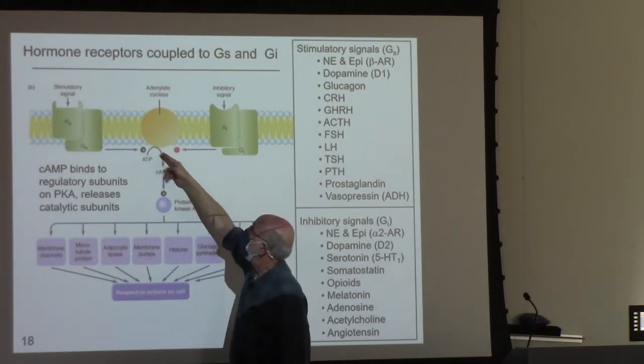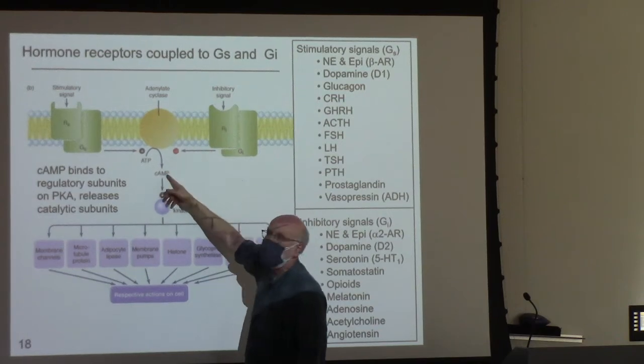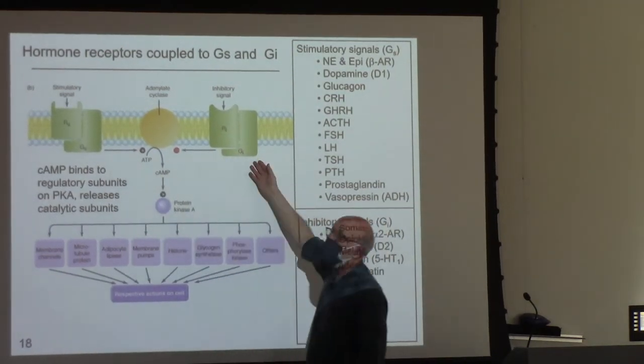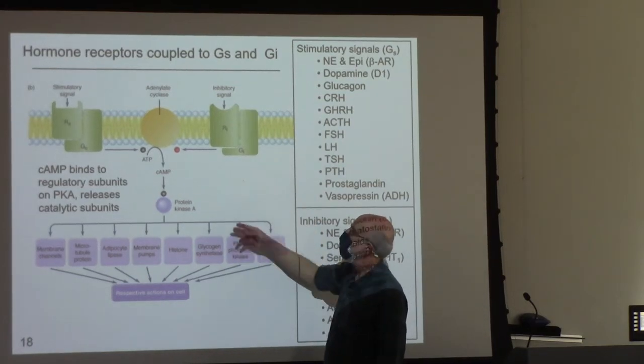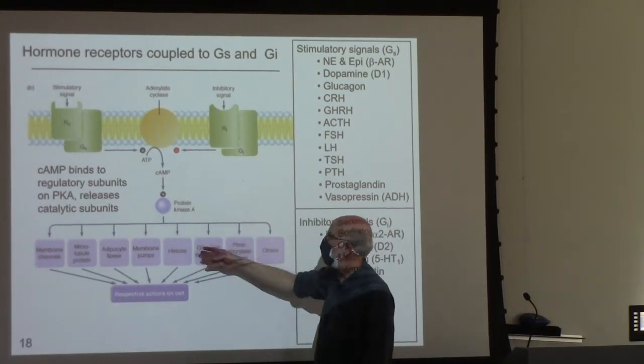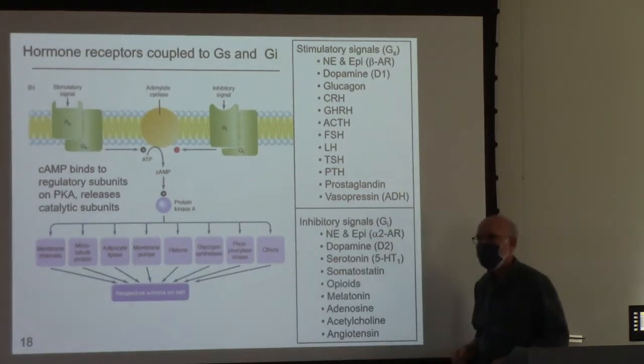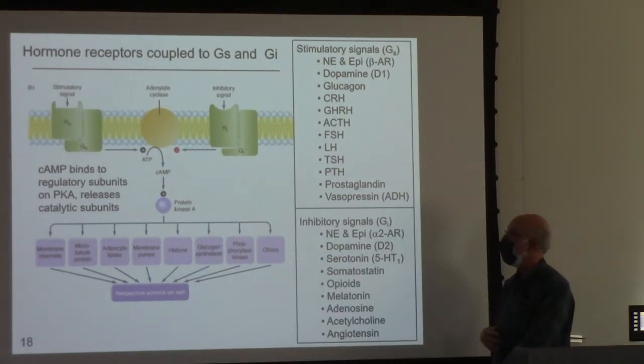So GS stimulates and GI inhibits the production of cyclic AMP. And those effects, either stimulating or inhibiting PKA, have multiple downstream effects. Those stories should be very familiar.